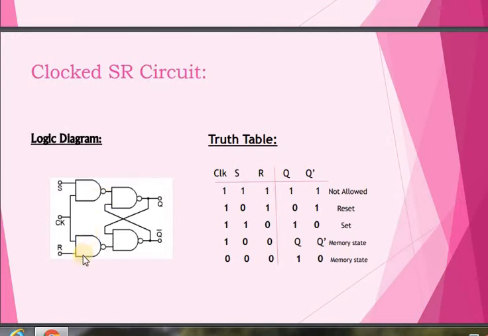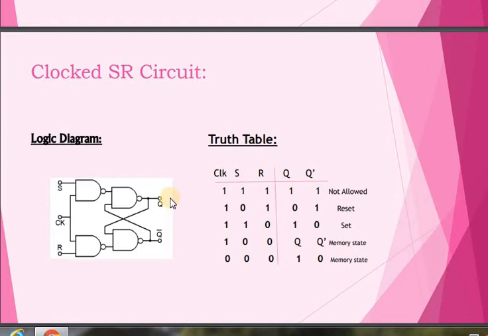If any input is 0, the output will be 1. This output is given as an input to this NAND gate. Here R is 0, so with 1, 1, the Q complement will become 0 and Q will become 1.